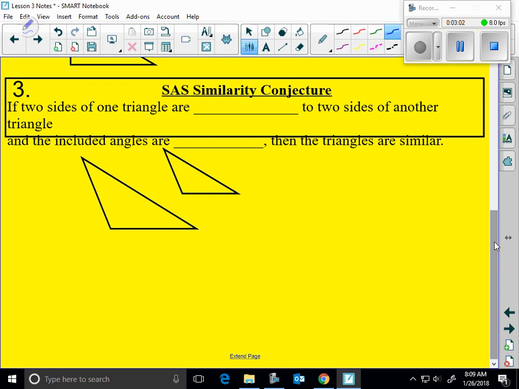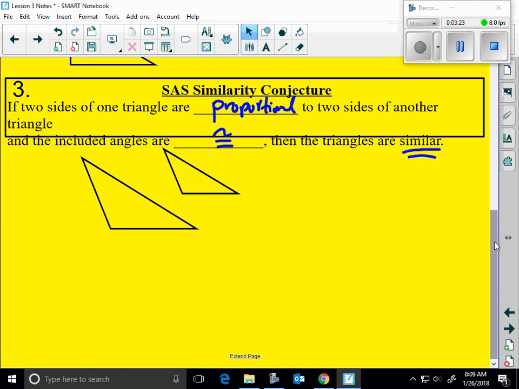If 2 sides of one triangle are proportional and the included angle, that means the angle between those 2 sides, are congruent, then the triangles are similar.